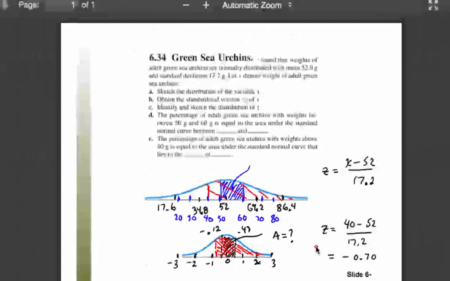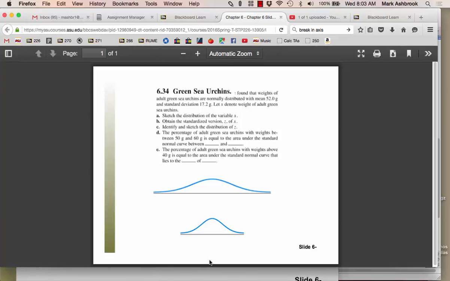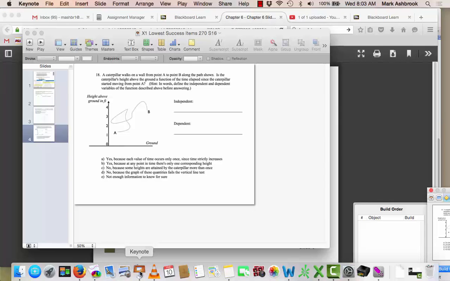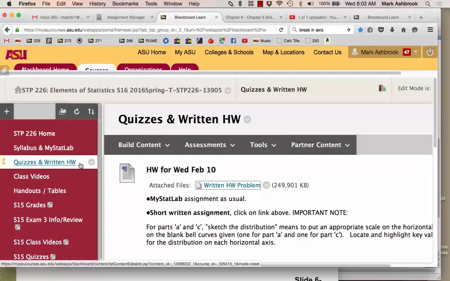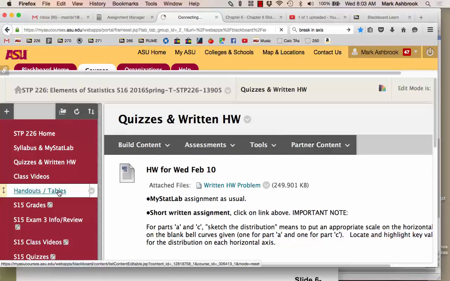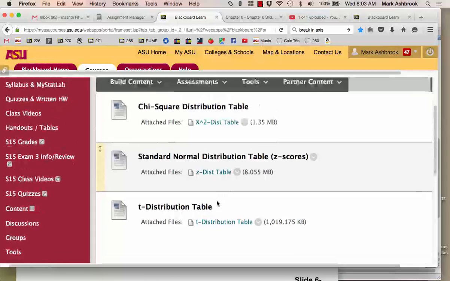Let me get it out first. So if you go in handouts and tables, there's three that we're using.